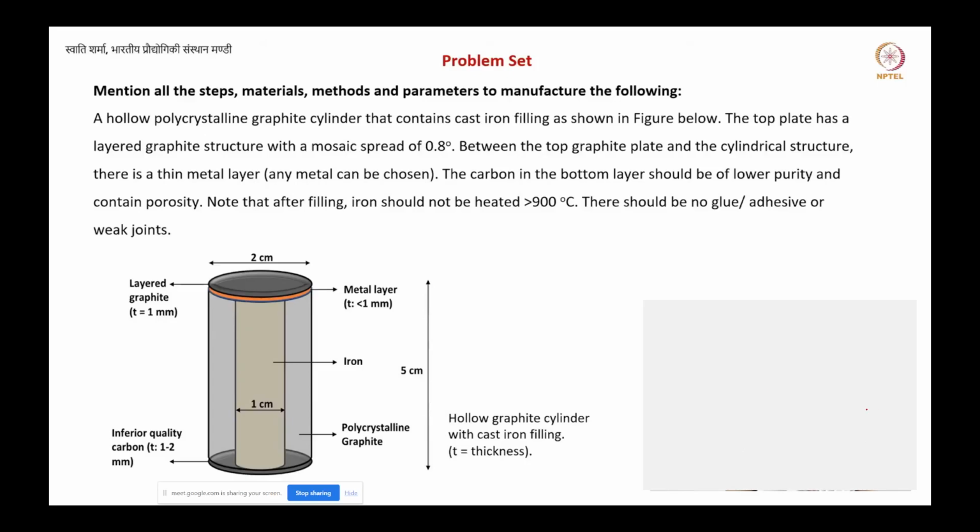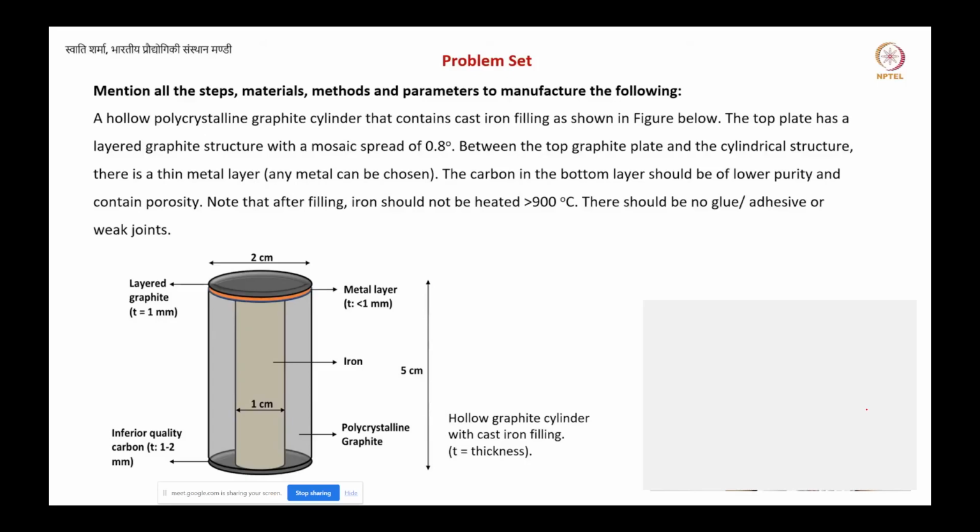The problem set is saying: mention all types of materials, methods and parameters to manufacture the following: hollow polycrystalline graphite cylinder that contains cast iron filling as shown in the figure. The top plate has a layered graphite structure with a mosaic spread of 0.8 degree.